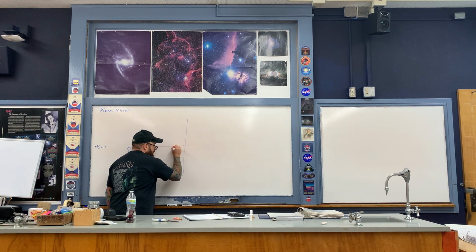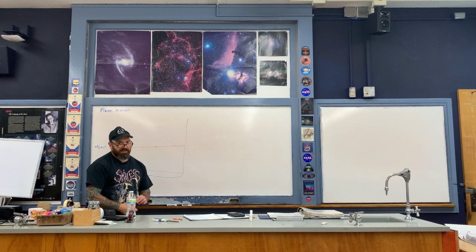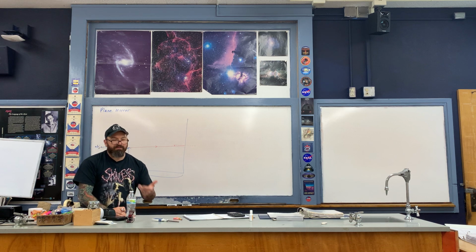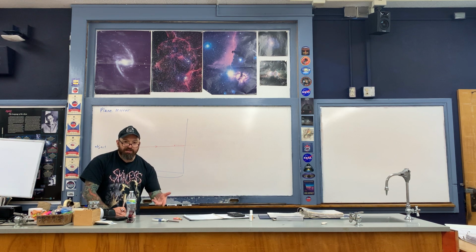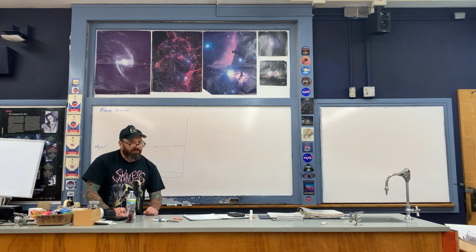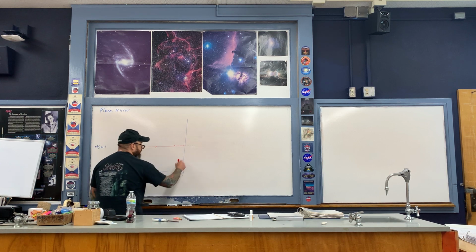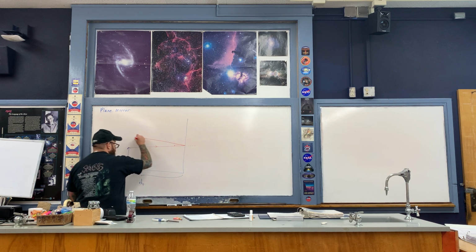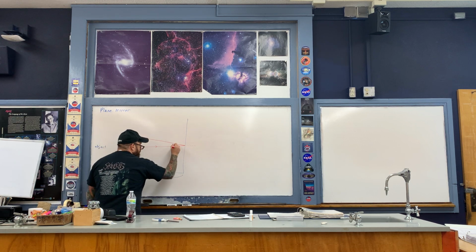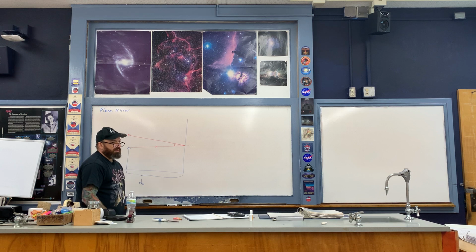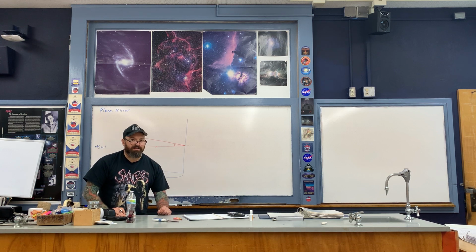So right here on the diagram is the angle of incidence. And then I have to reflect the light ray on the other side of the normal line at the exact same angle. That's once again the law of reflection. Therefore the reflected light ray has to look like this. So right here is the angle of reflection, and it's the same as the angle of incidence.